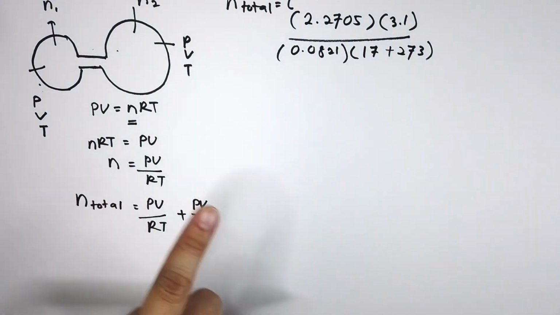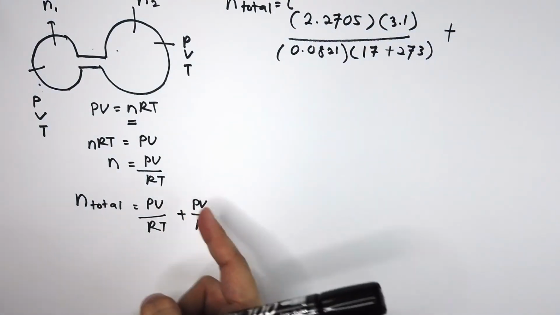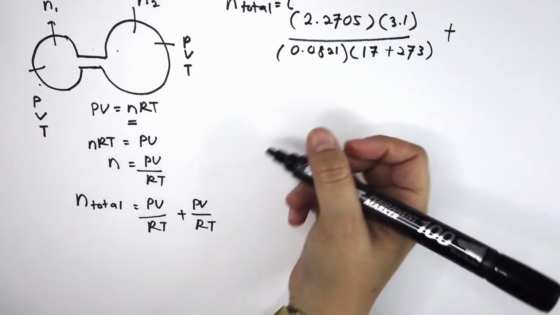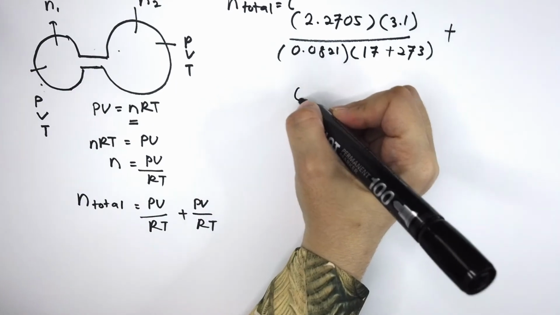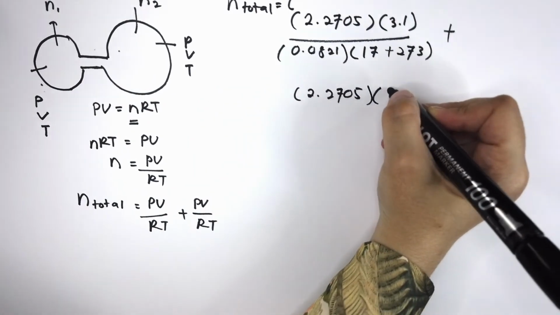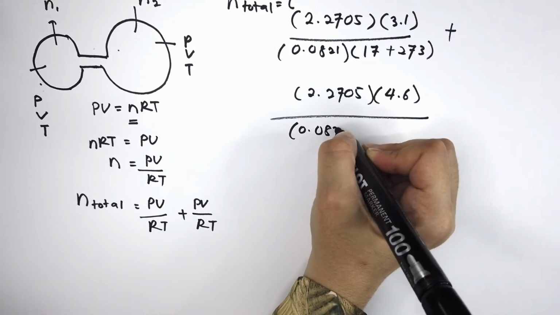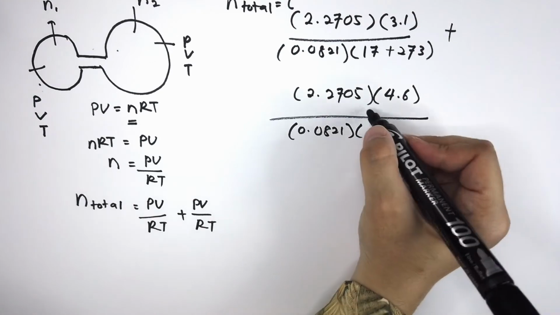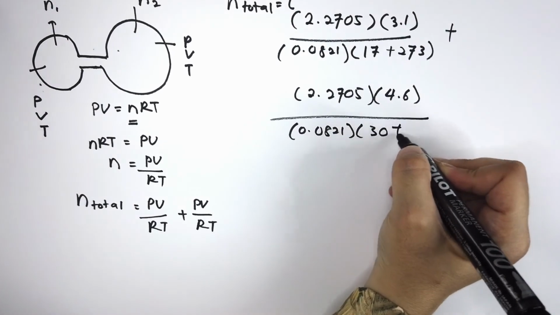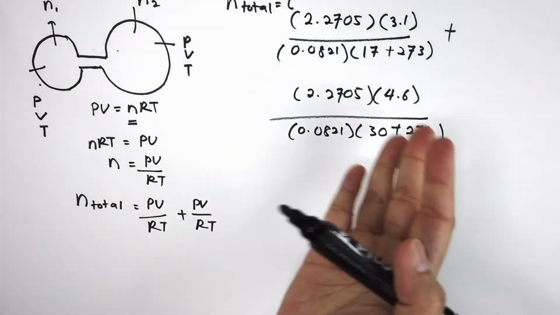Then you need to add the n2, so I'm going to write here, plus 2.2705 times 4.6 over 0.0821 times 30 plus 273, because you need to convert it to Kelvin.